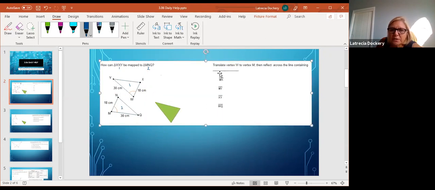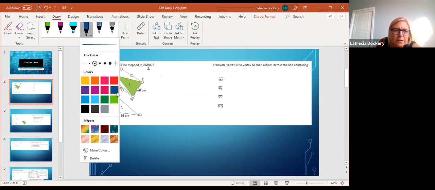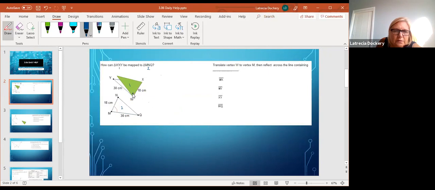So it tells us that we can translate vertex W to vertex M. So we have vertex W. Let me put a little something on that vertex right here.